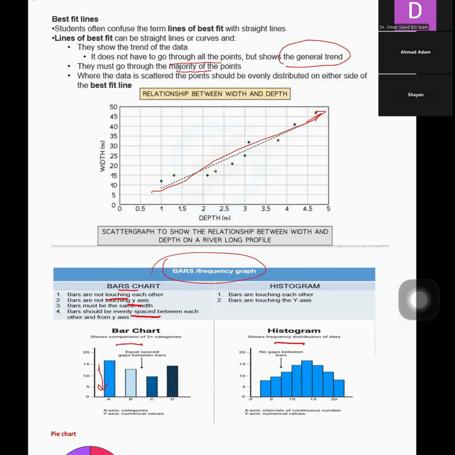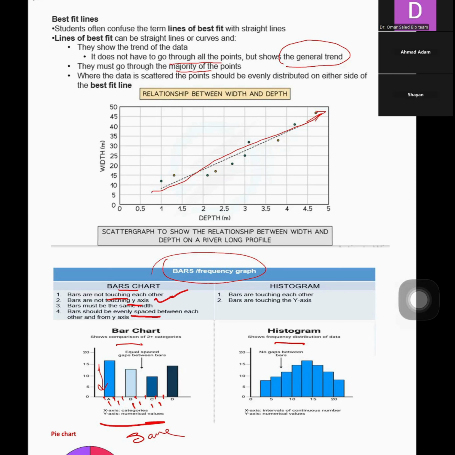For example, you give 1 centimeter for a bar, 1 centimeter for a space, and repeat. And we will practice this inshallah. But you have to understand the rule: not touching each other, not touching the y-axis, and the spaces and the widths are the same.